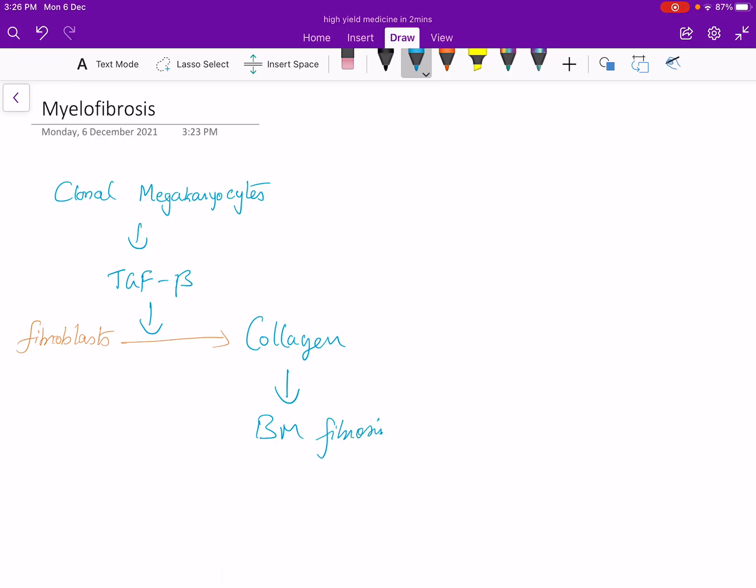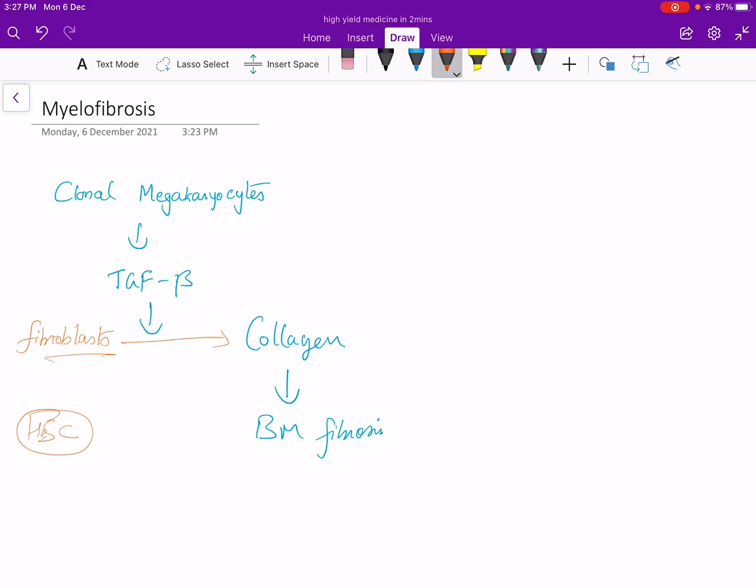And now what are the normal inhabitants of the bone marrow? I told you fibroblasts stay in the bone marrow. The other cells that stay in the bone marrow are the hemopoietic stem cells. Now these hemopoietic stem cells say, man, we do not have enough space here in the bone marrow to properly execute our functions, to properly divide and to properly make red blood cells.